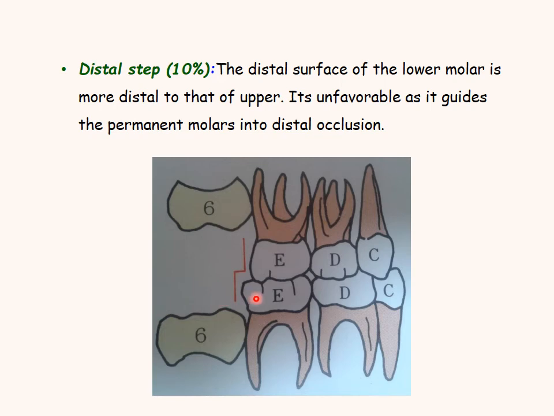The distal surface of the lower second molar is more distal to the distal surface of the upper second molar. It is an unfavorable type of occlusion, as it guides the permanent molar into a distal occlusion and hence into a class 2 relationship. So the distal step is when the lower second molar is distal to the maxillary second molar.